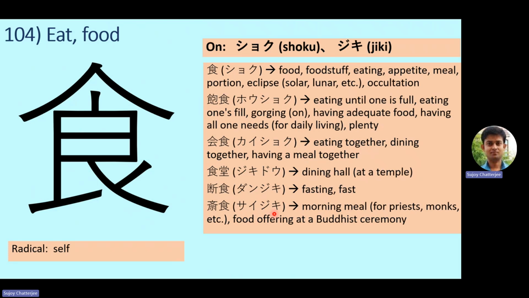Again, this is a radical in itself, and the stroke order will be like this. This is the first stroke, the second stroke, the third stroke, the fourth stroke. So here you should be very careful. This is not the fourth stroke. Fourth stroke is this, fifth stroke, sixth stroke, and then comes this seventh stroke, which is a complete stroke like this.